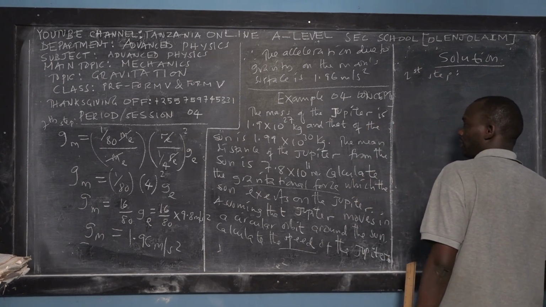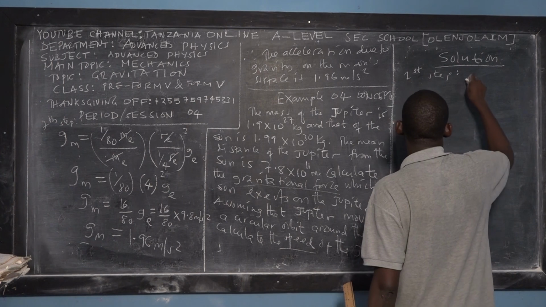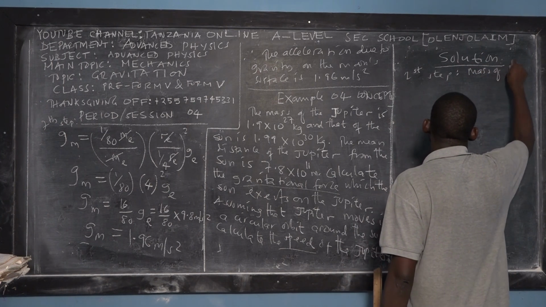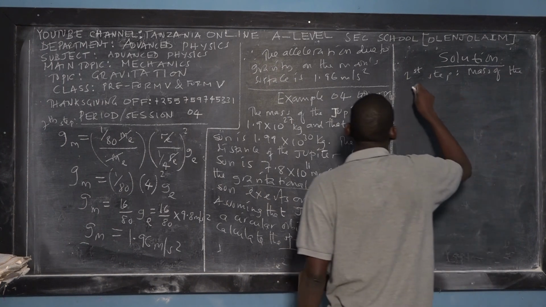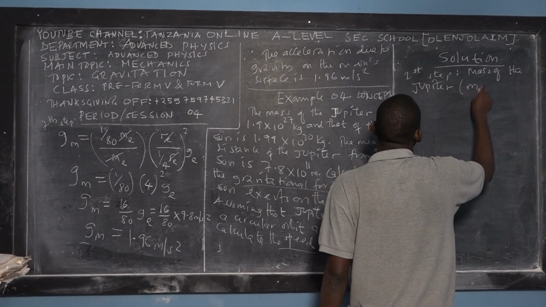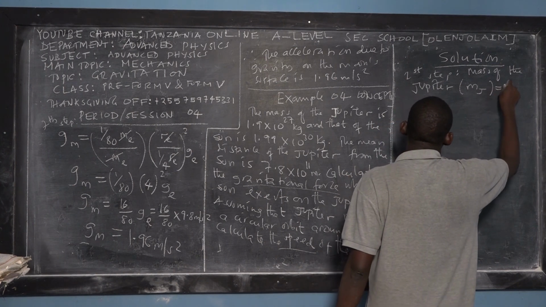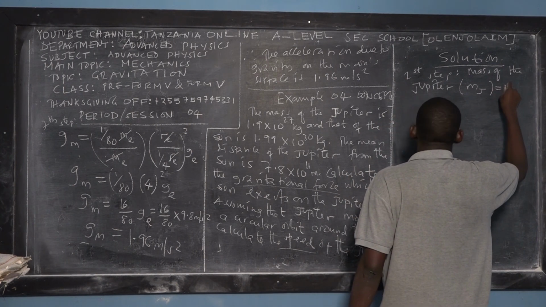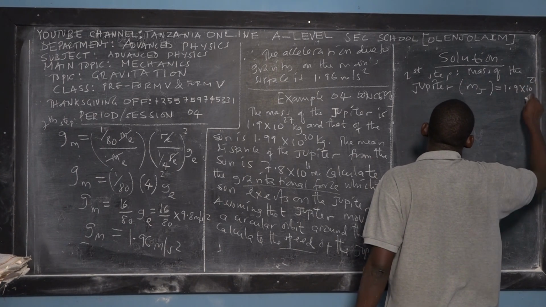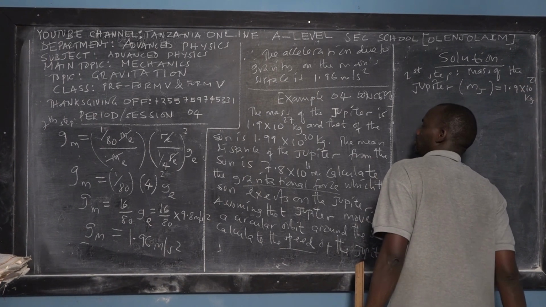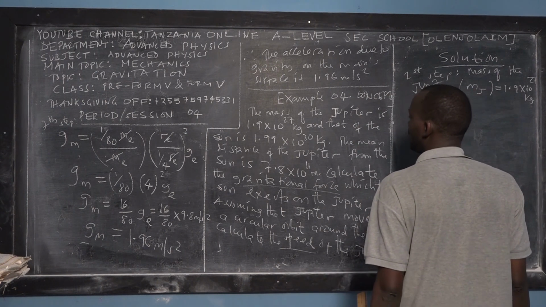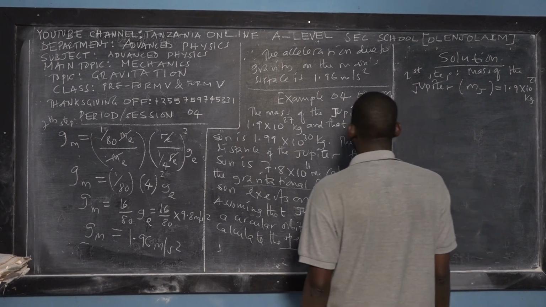The first states that the mass of Jupiter is given as 1.9 times 10 to the 27 kilograms. The mass of the Sun is 1.99 times 10 to the 30.